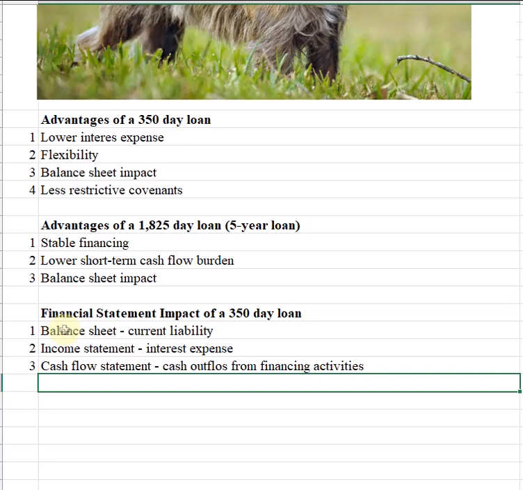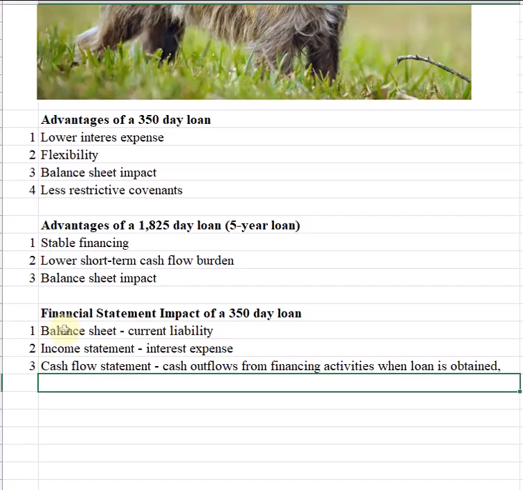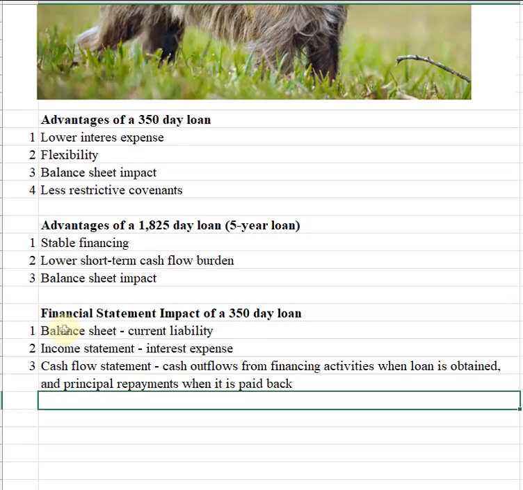I need to spell that correctly. Appearing from financing activities when the loan is obtained. And why don't we just say, and principal payments, again, a financing activity, when it is paid back. Okay?